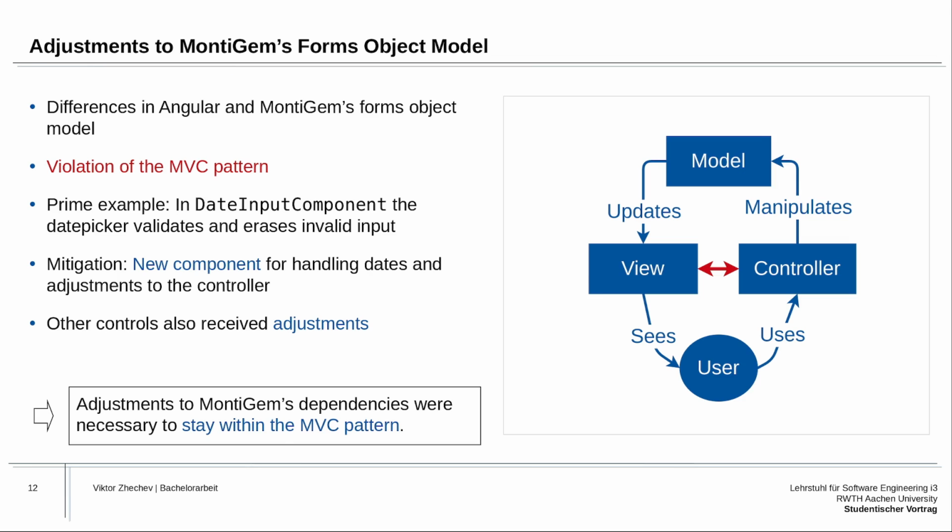The blame here falls not on MontiGem but on a dependency it uses, namely Angular Material. When implementing a date using the Angular Material library, we must use a predefined date picker element. This element always validated the input before the control did. So if this input was rejected by the date picker, it was automatically erased from the input field and it never reached the control. To mitigate this, we had to build a component all over from the ground up, along with a couple of other components that had the same problem.